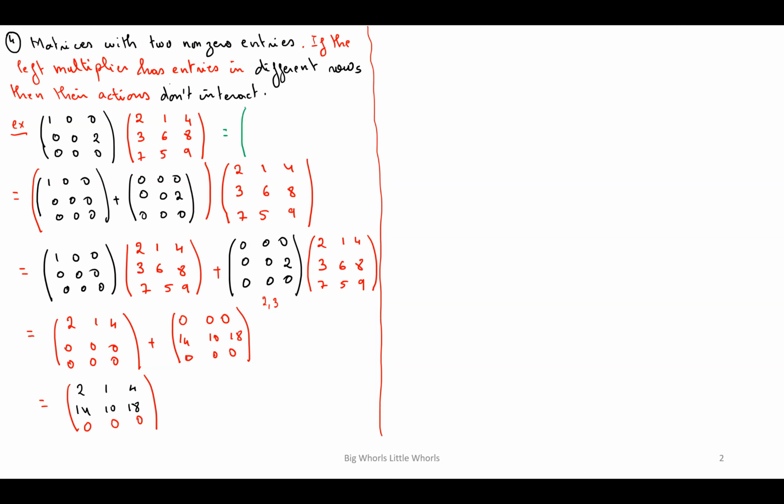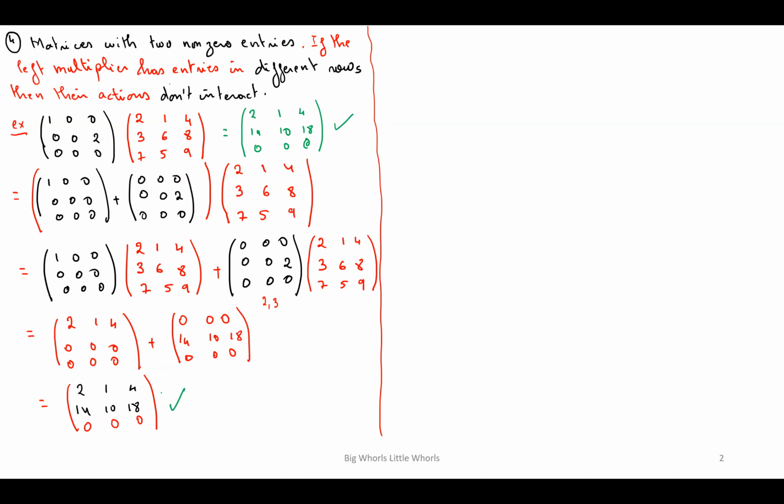The first row multiplied by the columns gives 2, 1, 4. The second row multiplied by the first column gives 14, then 10, and 18, and the third row is 0 0 0. You see, this is the same as this.